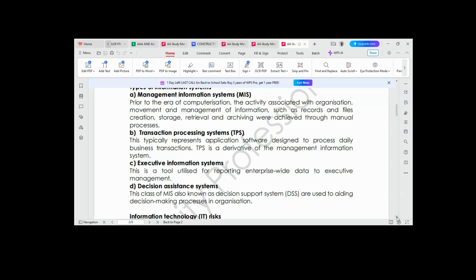Okay. Then we have the last one, which we call the decision assistant system, or we call it decision support system. What this does is that it aids the management in the decision-making process.